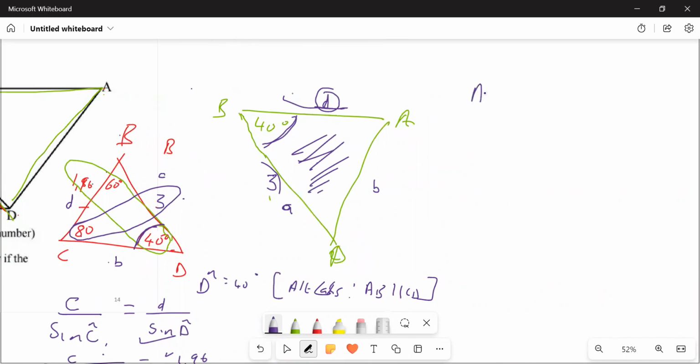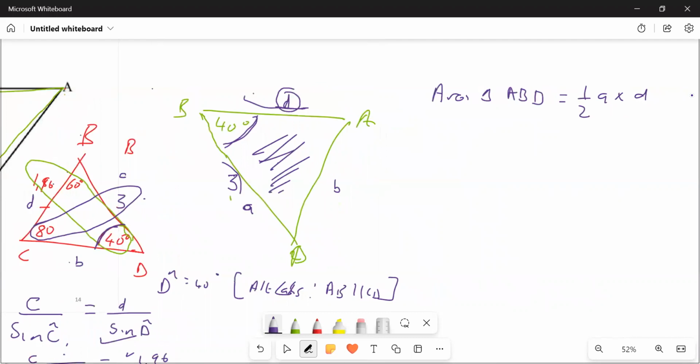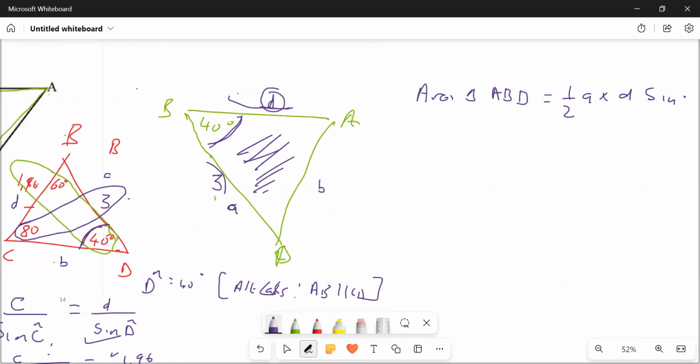We can say the area of triangle ABD is going to be given as half. You start with A again, multiply by D again, multiply by the sine of B. The sine of B. Again, we've used this one and this one. So the angle needs to be in between.